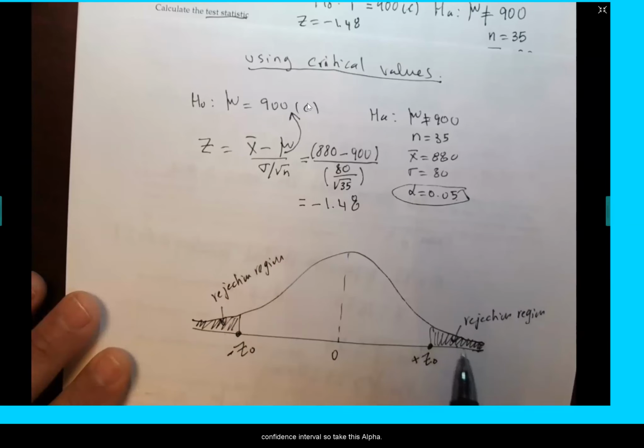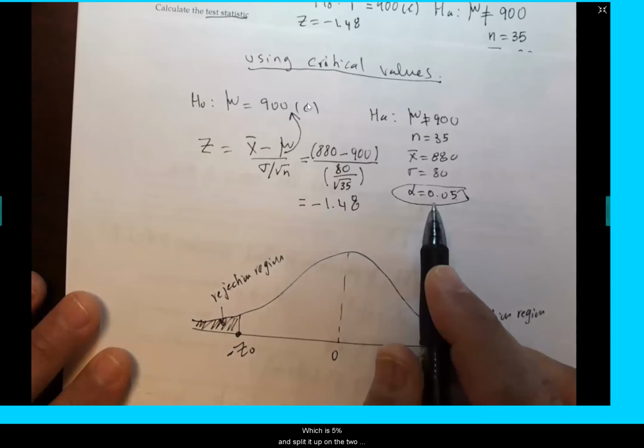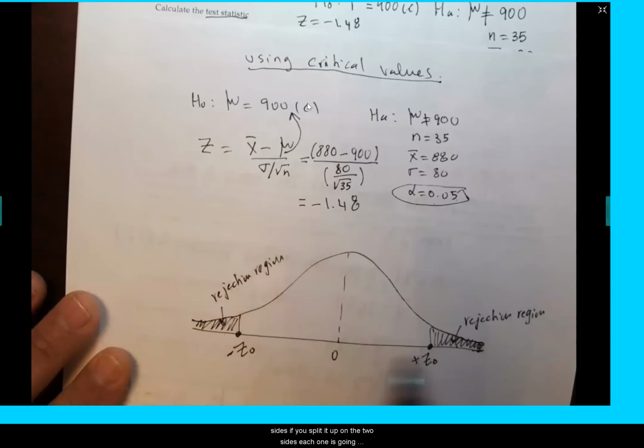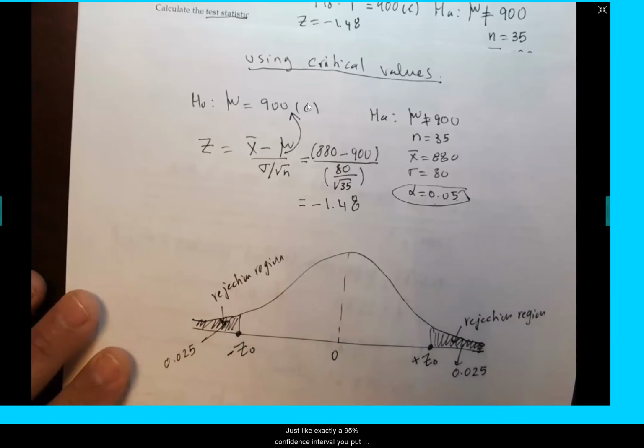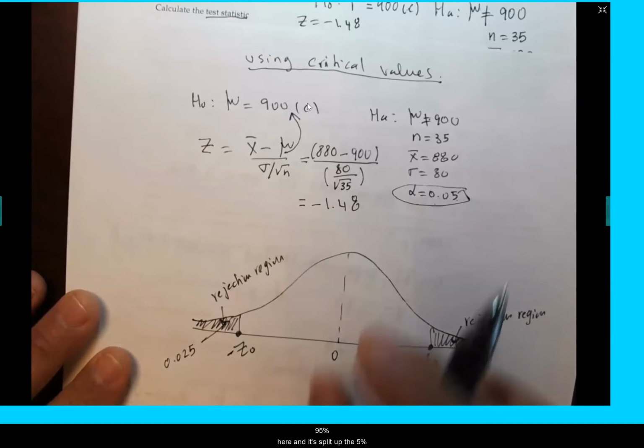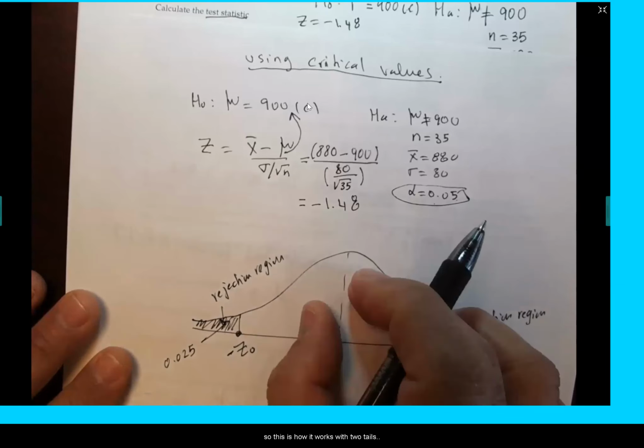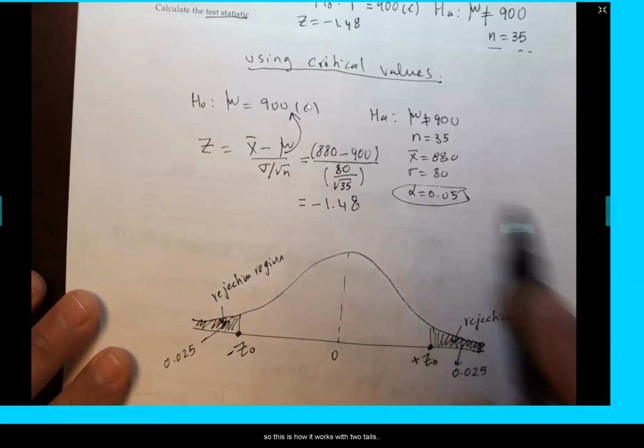So take this alpha, which is 5%, and split it up on the two sides. If you split it up on the two sides, each one is going to be 2.5%, which is 0.025. And this area here is also going to be 0.025. Just exactly like a 95% confidence interval. You put 95% here and you split up the 5%. So this is how it works with a two tail test.